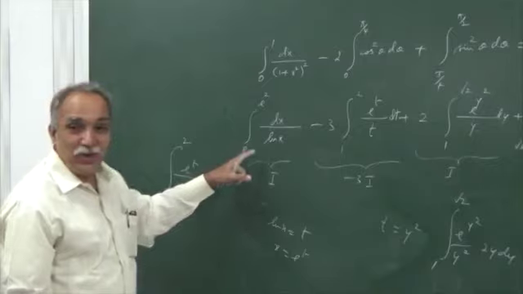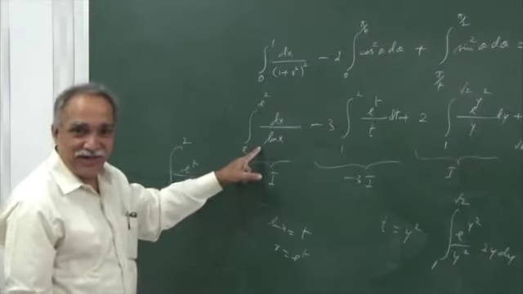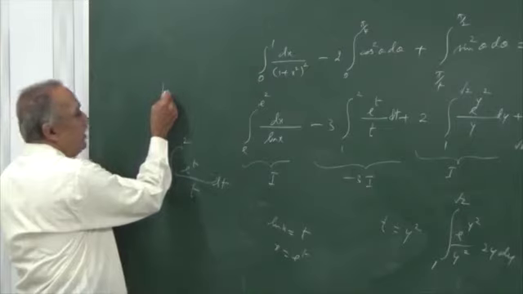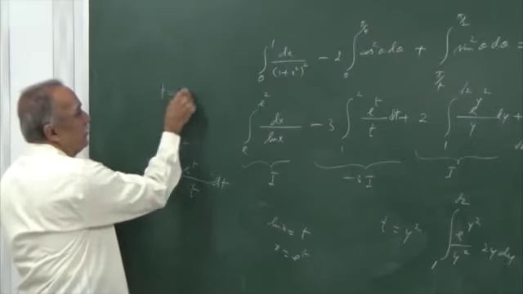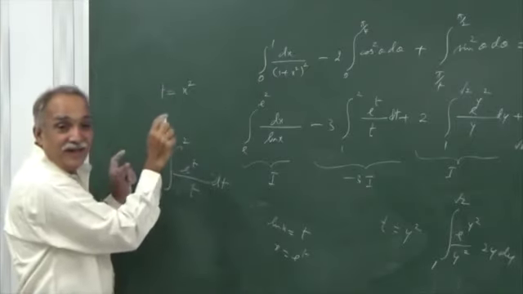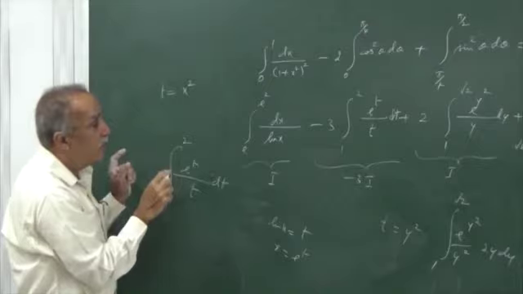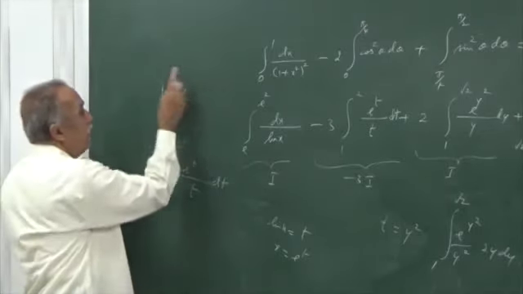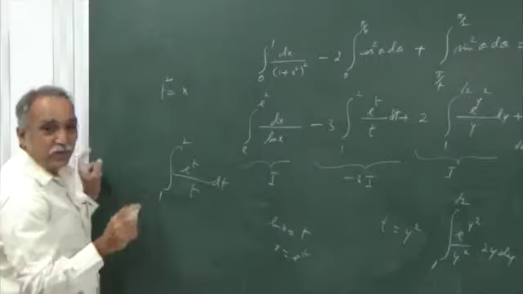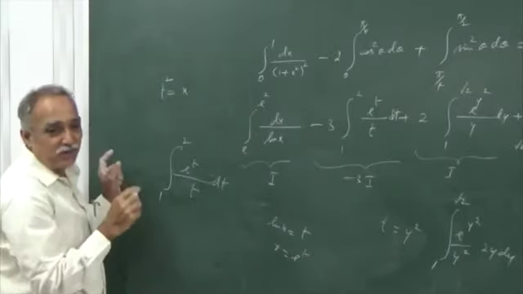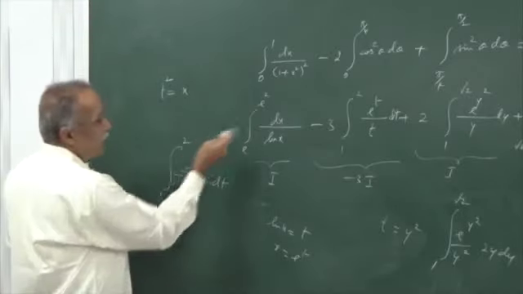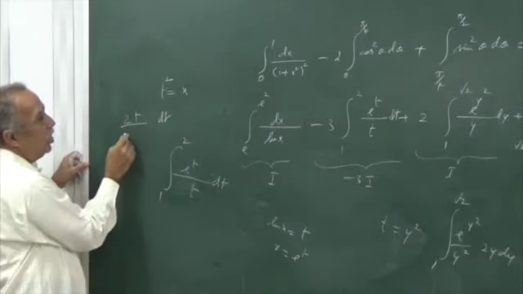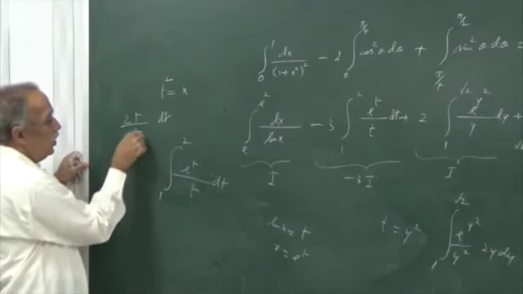x is equal to root t in this original one. If you put x equal to t square, that is, root x equal to t or x equal to t square, the integral becomes 2t dt divided by log x, and log t square is 2 log t.